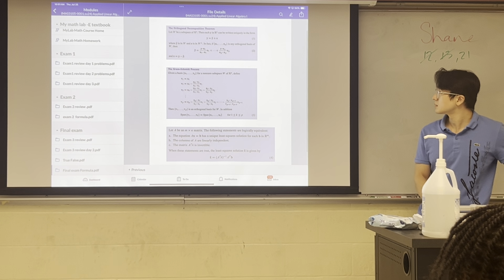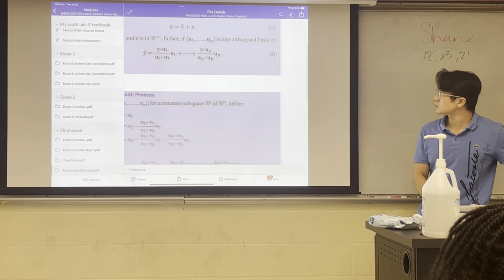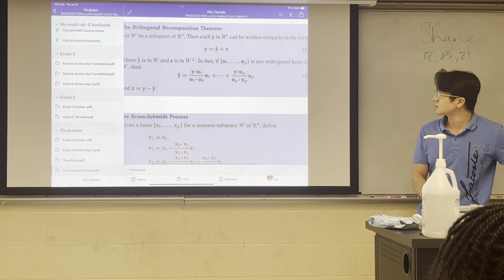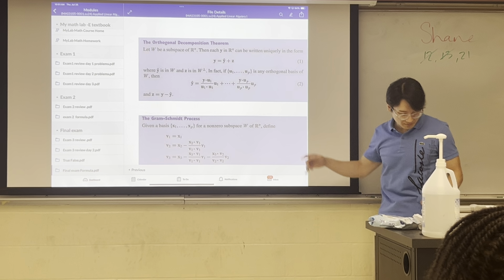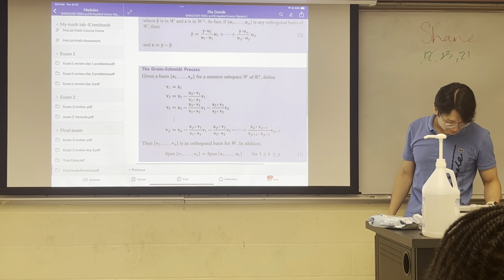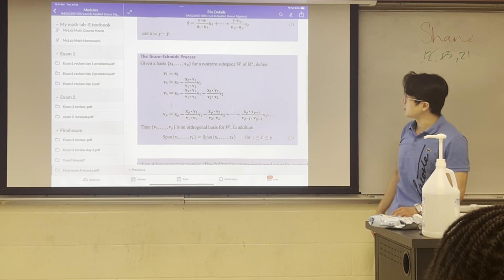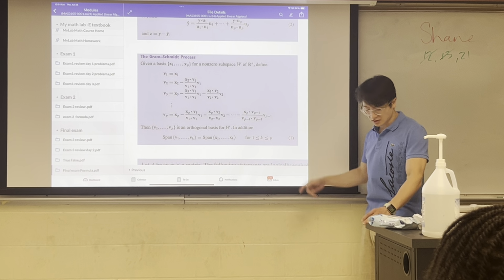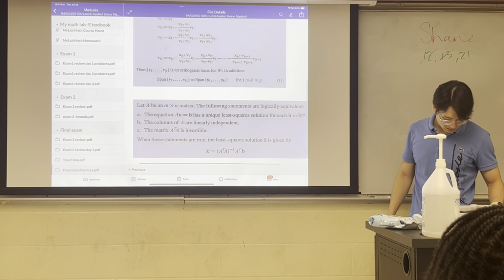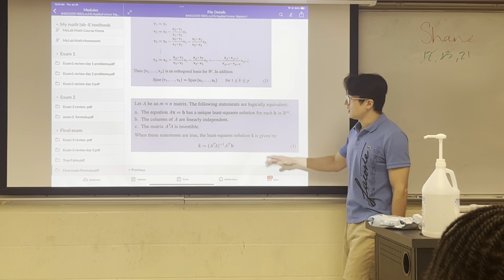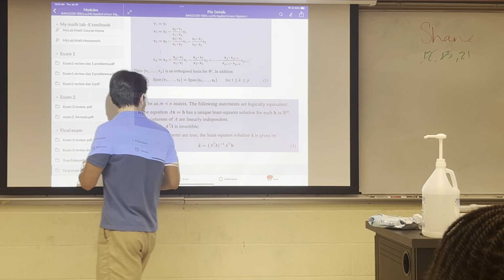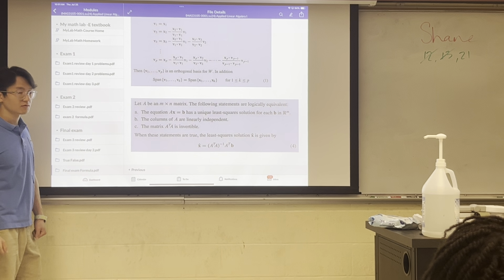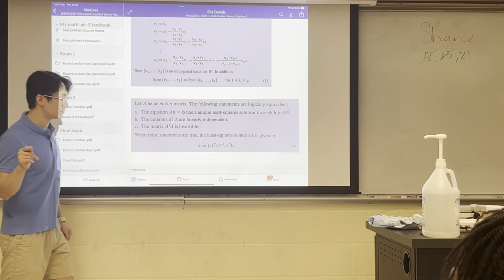Okay. So for finding y hat based on the orthogonal basis that you have, or also the Gram-Schmidt. And then, I mean this is not exactly for this scale, but for this particular problem that I just asked.